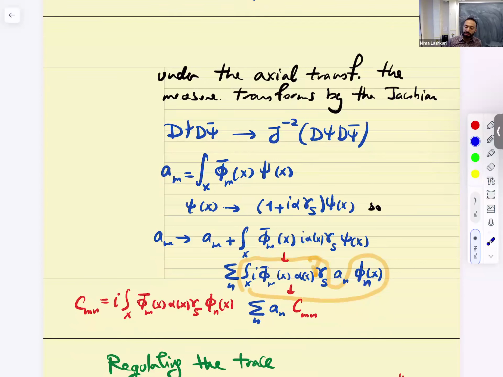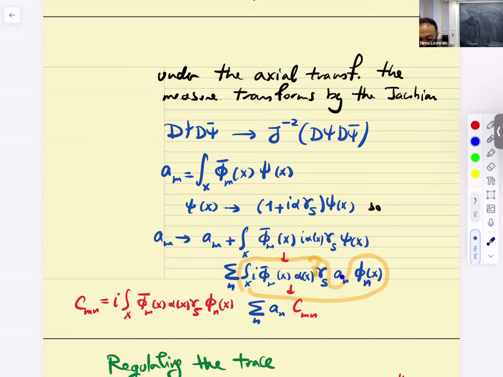So how do we calculate that? It's easy. You remember that psi(x) was just expanded in terms of solutions of the Dirac equation. I made them orthonormal, so I can think of a_m in the form of this space integral. Now, under the axial transformation, this is how psi(x) transforms. That immediately tells you that a_m transforms this way.